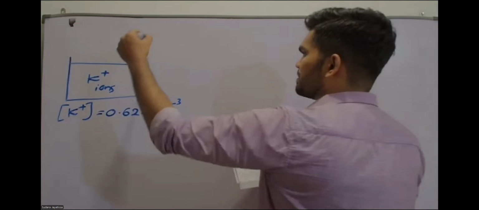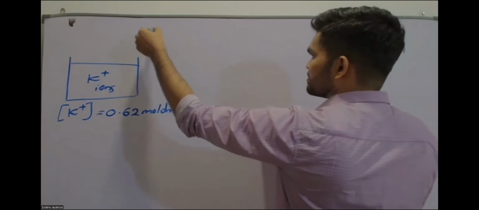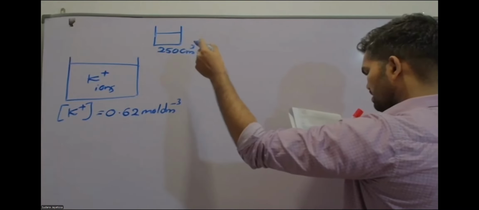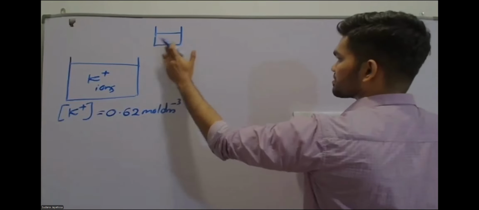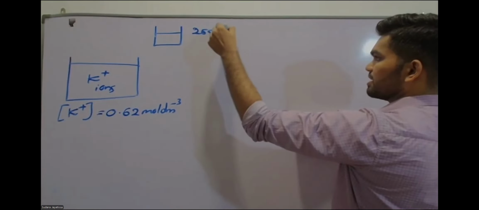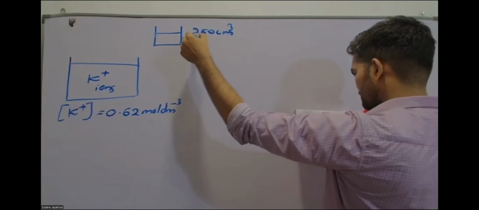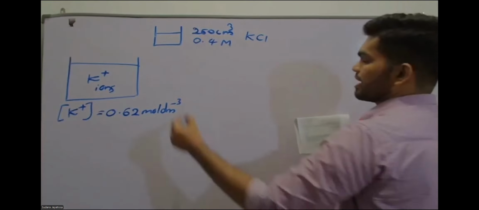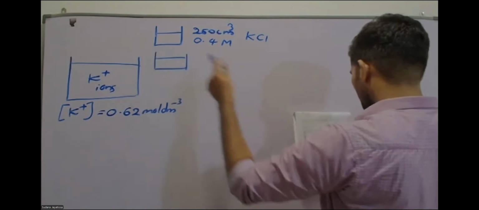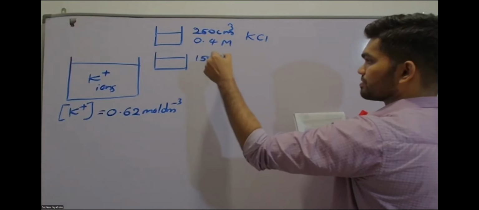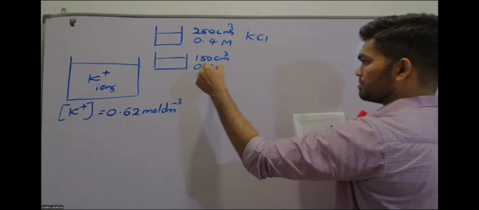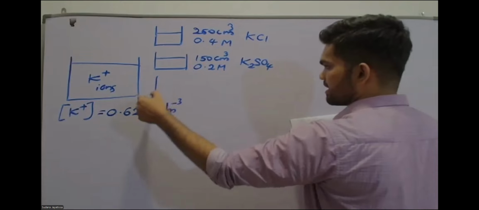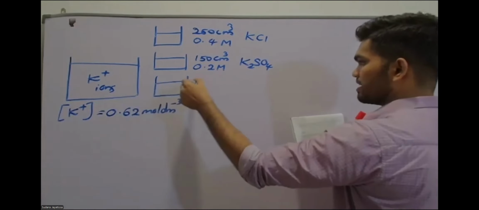Okay, so this is formed by adding several solutions. First of all, a 250 cubic centimeter solution of 0.4 M KCl is added, and then again 150 cubic centimeters of 0.2 M K2SO4 is added, and then again another solution of 100 cubic centimeters.